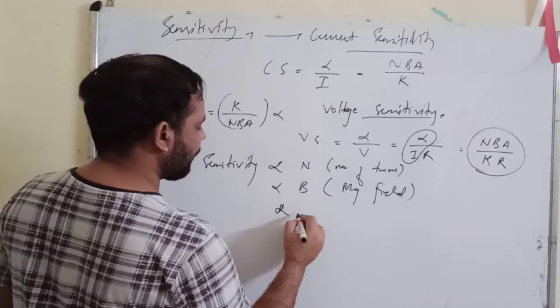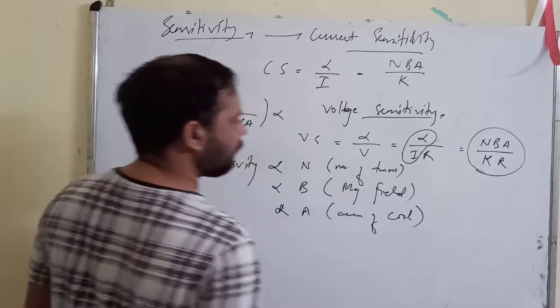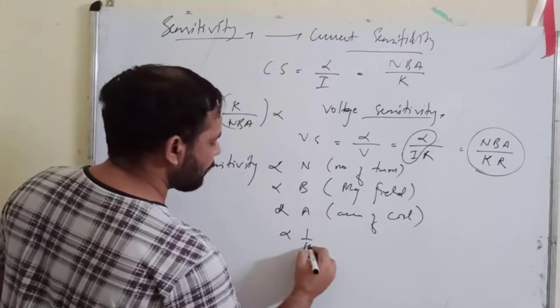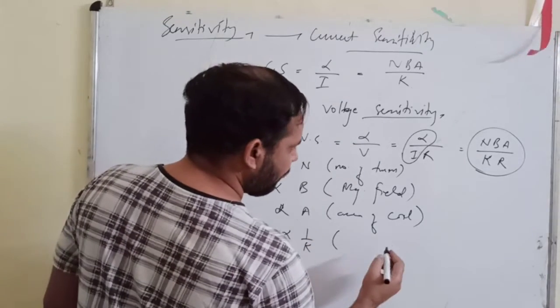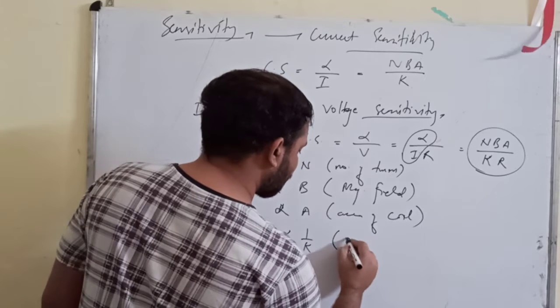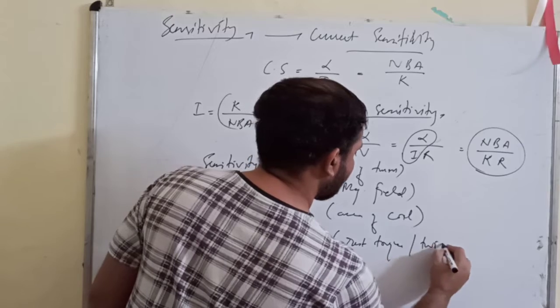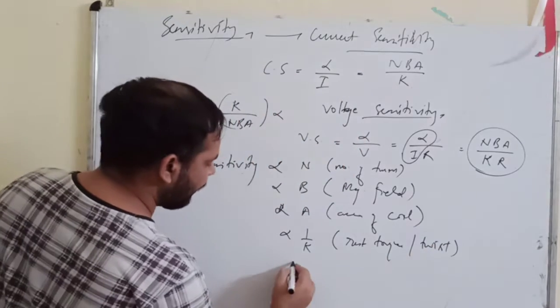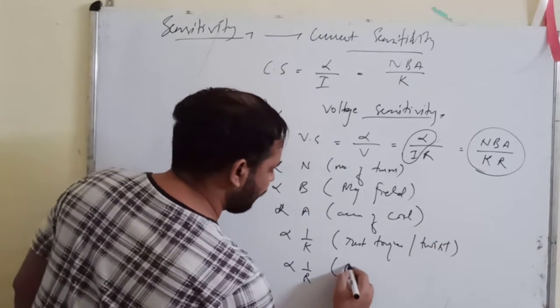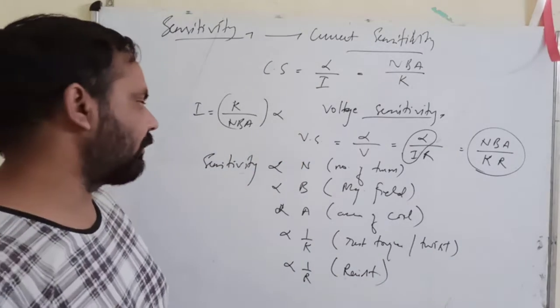Then it is directly proportional to the area of the coil, and inversely proportional to K, which is the restoring torque per unit twist, and inversely proportional to R, the resistance of the wire of the coil.